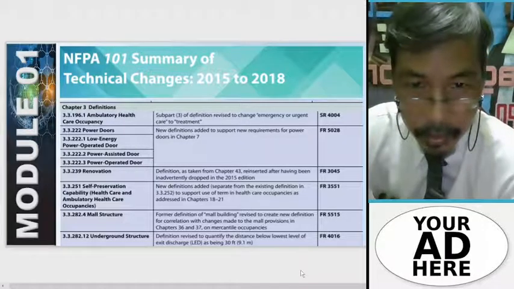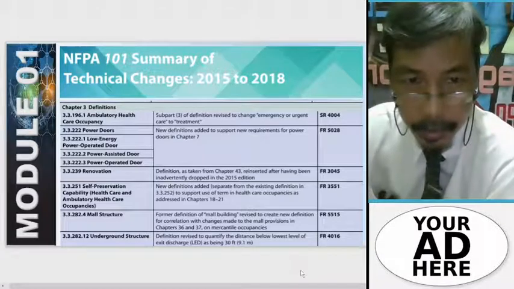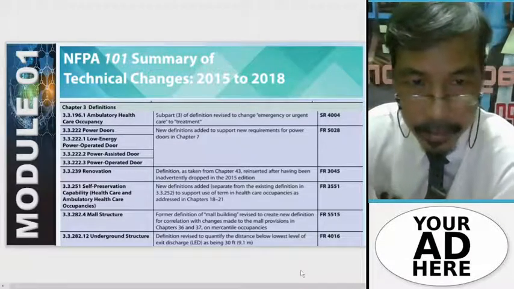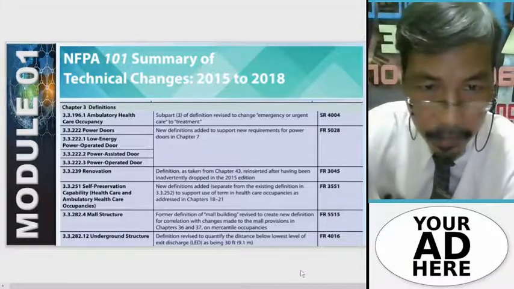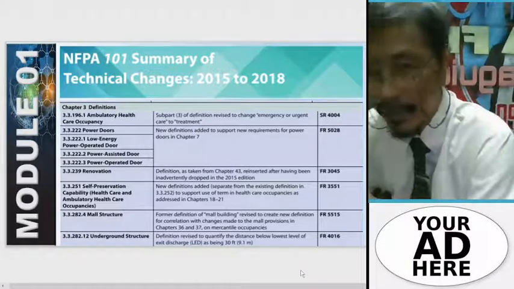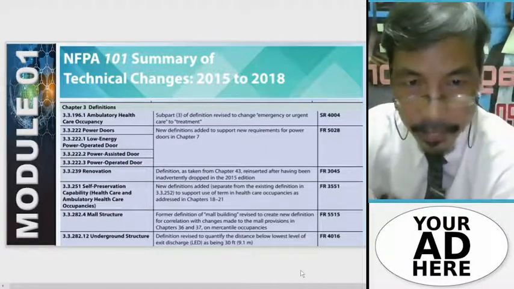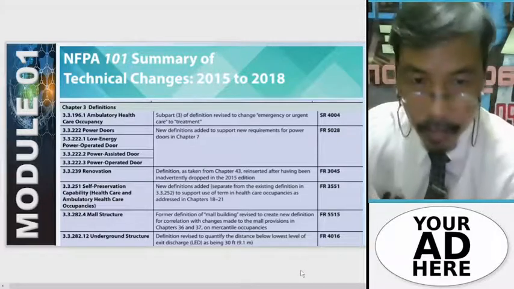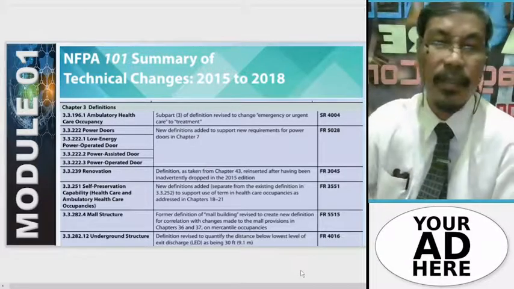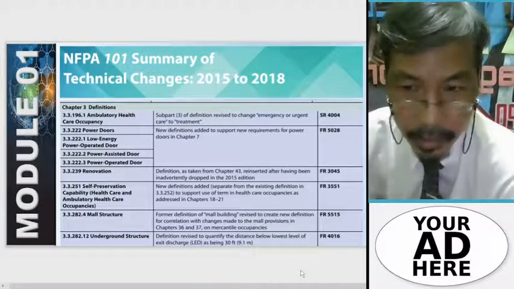Another definition is about underground structure. The definition was revised to quantify the distance below the lowest level of exit discharge, LED, as being 30 feet or 9.1 meters. So the definition is quantified.